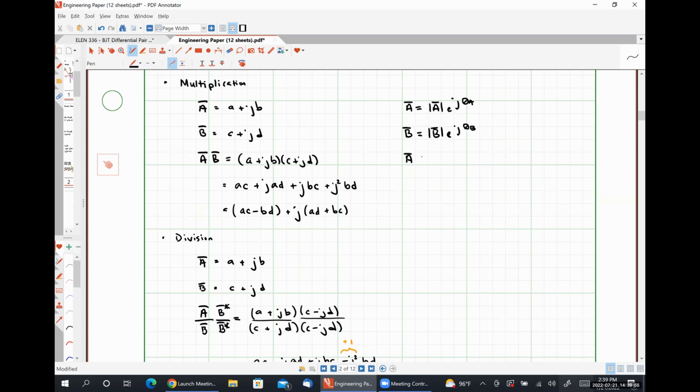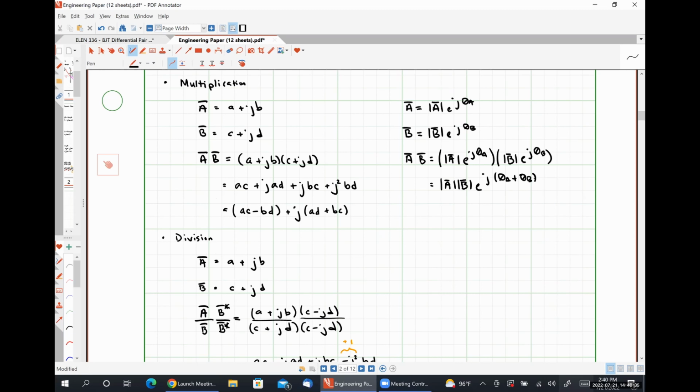Then multiplying A times B looks like the magnitude of A, e to the j theta A, times the magnitude of B, e to the j theta B, or the magnitude of A multiplied by the magnitude of B times e to the j theta A plus theta B. So multiplication using exponential forms, you simply multiply the magnitudes and add the angles and you're done.